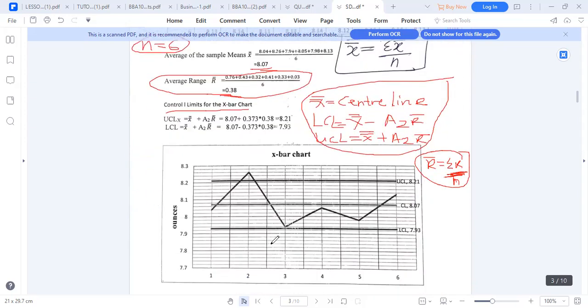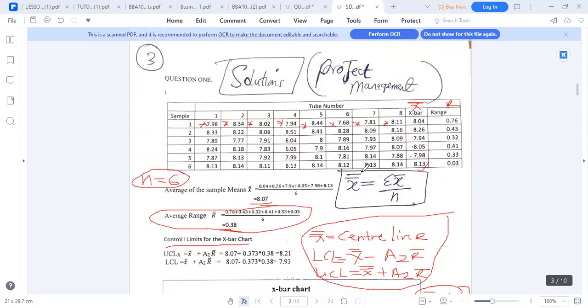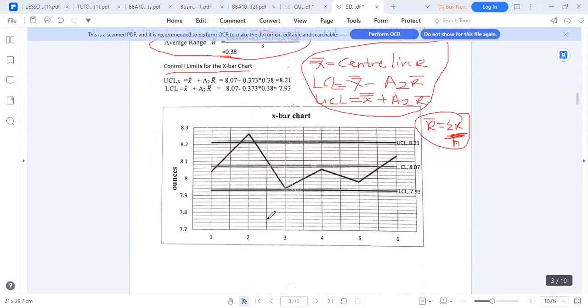So now after plotting here, we can see where all these figures fall, the 8.04, 8.26, 7.94, 8.05, where these ones fall. So for sample one is 8.0. So this process is not in control because this data point is above the limit.